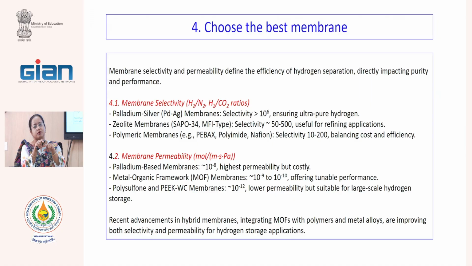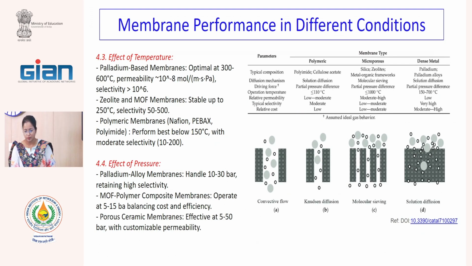But both things are important, so we have to find a balance. That is why, when we need a very highly permeable solution, we have to choose which type of membrane material we need to use for this kind of membrane.